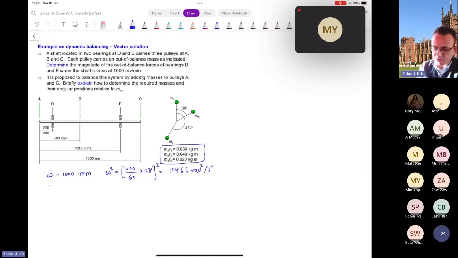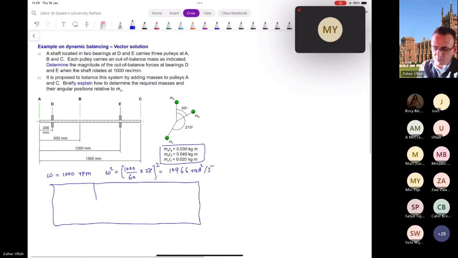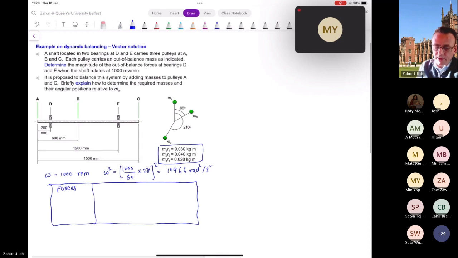In this case, it's better to draw a table here. If you draw this table, then we can have these forces.